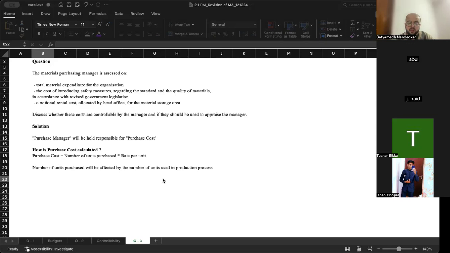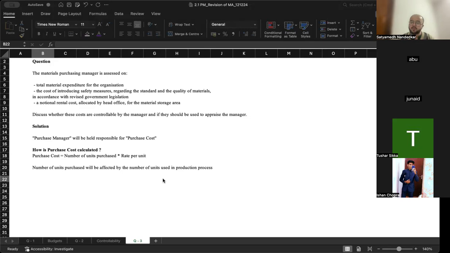And rate per unit. This rate is negotiated by the purchasing manager, and hence the rate per unit is the responsibility of the purchase manager. He can be held accountable for the rate. How did you negotiate the correct number with the supplier? Did you negotiate the correct supply terms? For that, you can hold the purchase manager responsible.